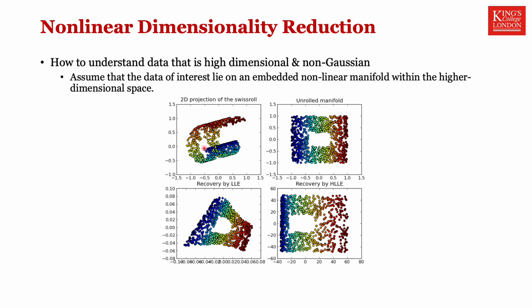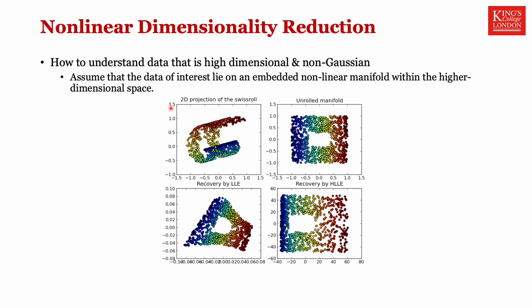So if we were to run a different type of algorithm, like local linear embedding or a regularized version of that, you end up with transformations like this, right? This is telling you that these points are closer to each other and are at a certain location in this two-dimensional space.